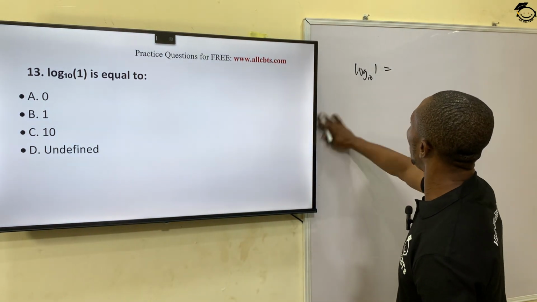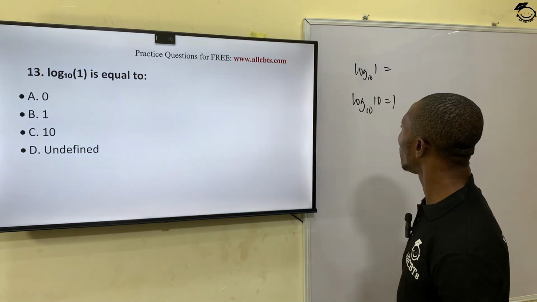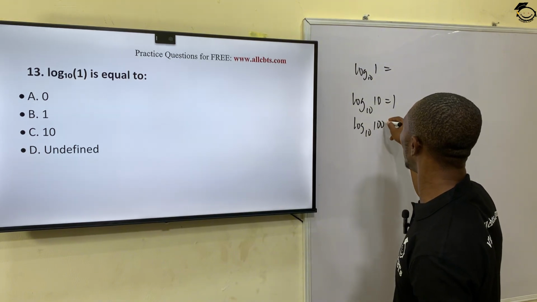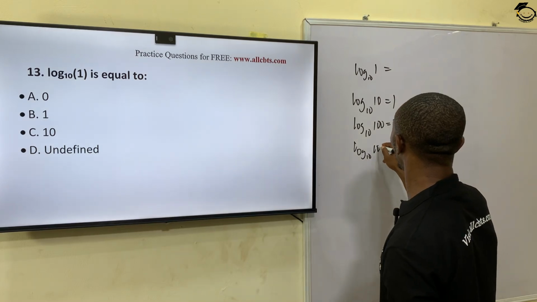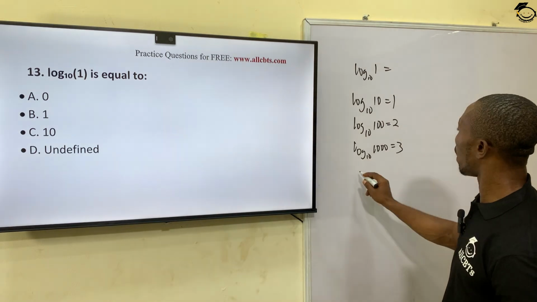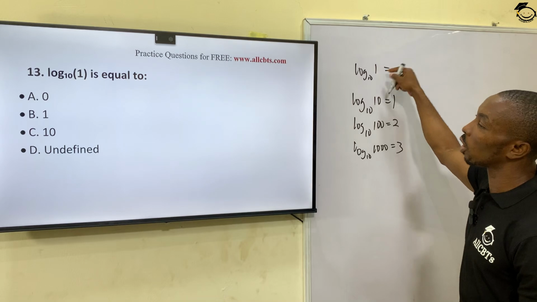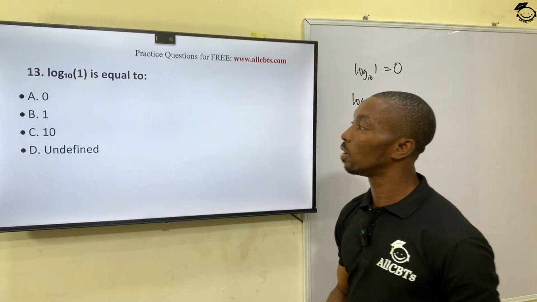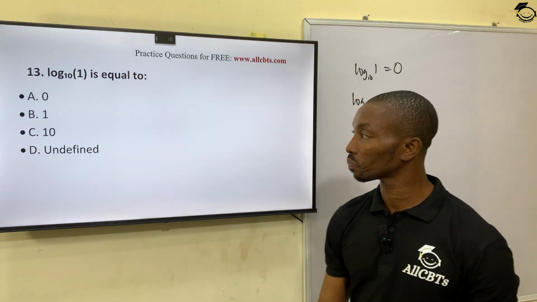Okay, if we have log 10 10 as 1, log 10 100 as 2, log 10 1000 as 3, and they are looking for log 10 1, so log 10 1 will be 0. Our answer will be 0, which is our option A.